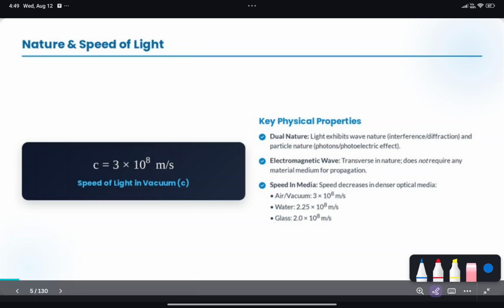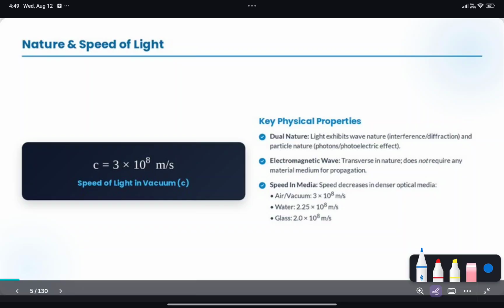Speed in a medium. Speed decreases in a denser optical medium. See, for example, whenever you take any type of medium, it may be denser or rarer. What is meant by denser? What is meant by rarer? We'll see. Okay.